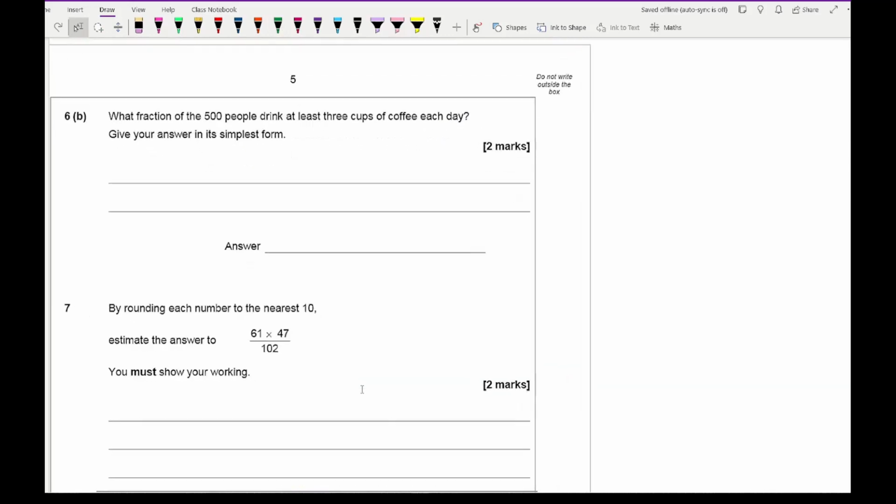Moving on to question 6b, it says what fraction of 500 drink at least 3 cups of coffee each day? Write your answer in its simplest form. That's going to be 90 over 500. Just need to simplify that fraction.